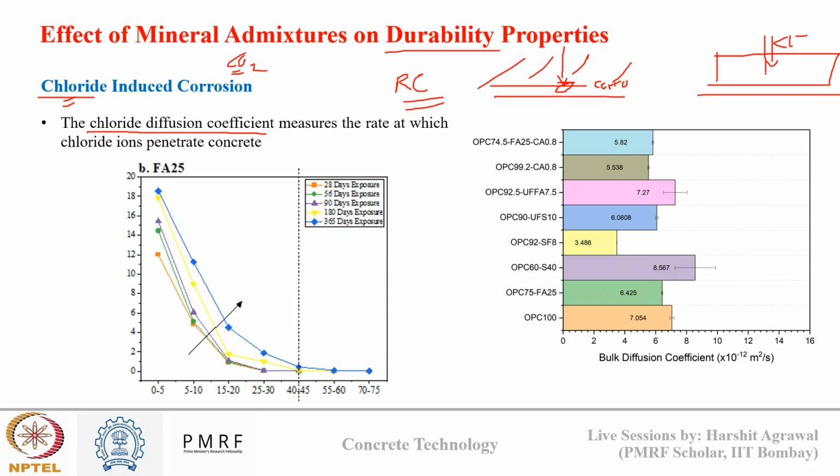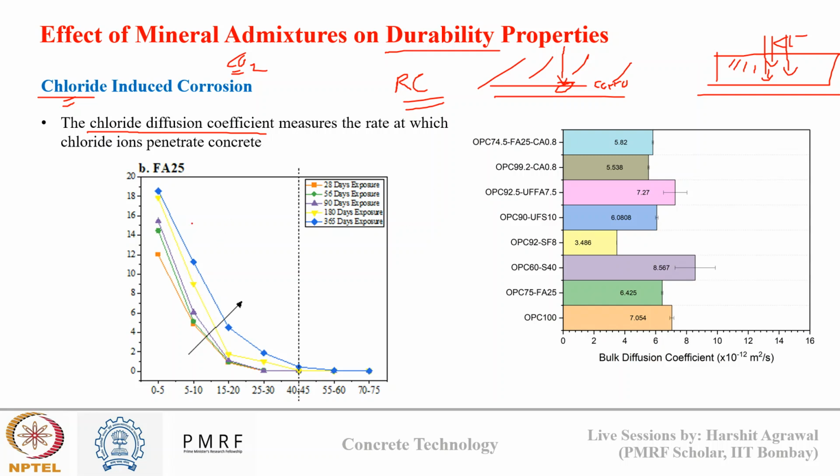If they are moving faster through the concrete, they are degrading my concrete more. If they are moving slower, they are degrading my concrete less. So with SCM what happens? My concrete is becoming dense, so my rate of chloride ion movement will become slow, so my diffusion coefficient value will be lower. This is the effect of SCM on concrete durability.